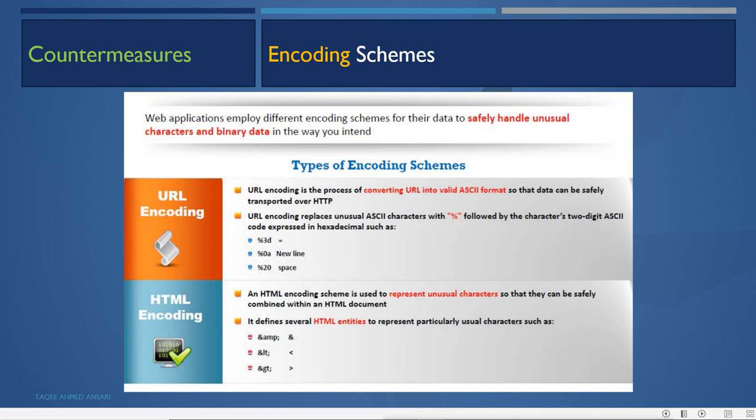Then HTML encoding. An HTML encoding scheme is used to represent unusual characters so that they can be safely combined within an HTML document. It defines several HTML entities to represent particularly unusual characters, such as &amp; for the ampersand, &lt; for less than, and &gt; for greater than.